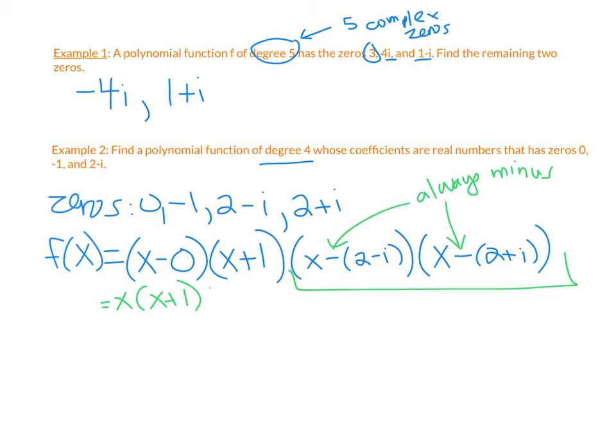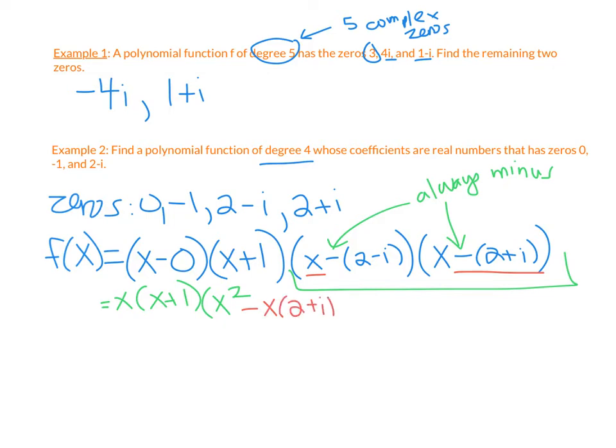When we multiply these two factors together, we're going to use the FOIL method. For our first term, we have x times x, which is x squared. Then we do our outer term. I'm going to color code it. We have minus (2 plus i) times x, so we get minus x times (2 plus i).